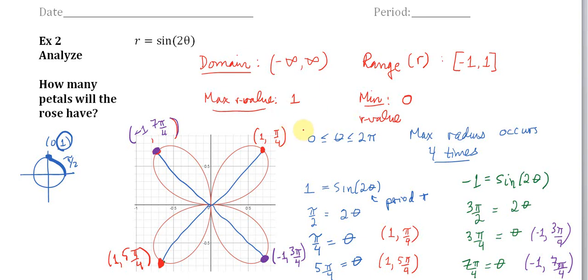And based on this information, we can figure out some features of this graph and then use a graphing calculator and identify that this is in fact going to have 4 petals on this rose. And the length of each of these petals is going to be 1 because that's as far away from the origin as it can possibly get.